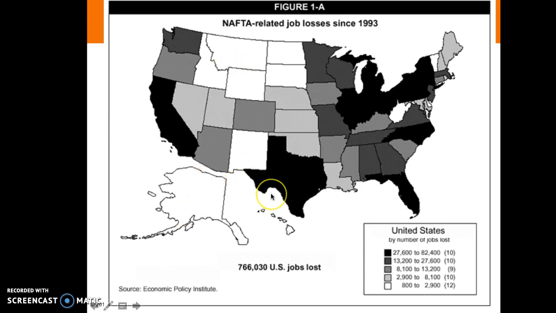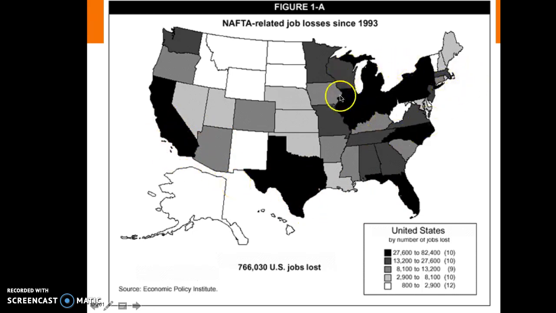If you look at this map, it shows NAFTA-related job losses since 1993. I don't remember what year this figure is from, but you can see areas that lost the most jobs: California, Texas, Florida. Texas and California were some pretty big industrial hubs.